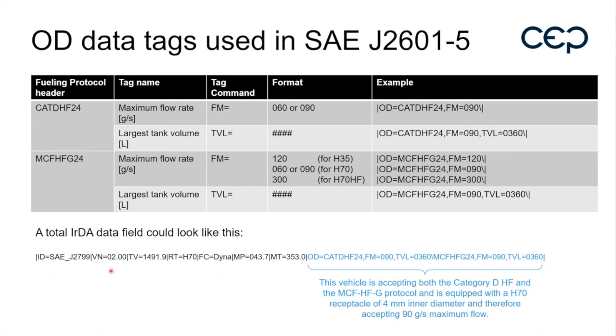There's a lot which we already know: dynamic, temperature, measured pressure. And then here you have the explanation: this vehicle is accepting both category D HF and MCF, equipped with an H70 receptacle of 4 millimeters, so 90 grams per second, and the largest tank is 360 liters. So that's how the information coming from a vehicle could look.